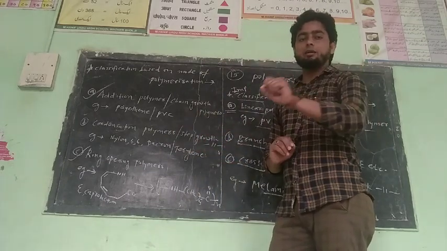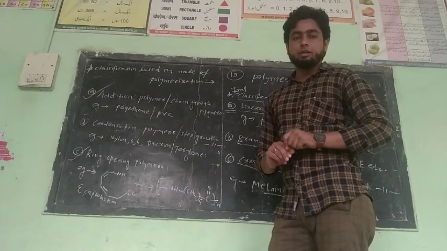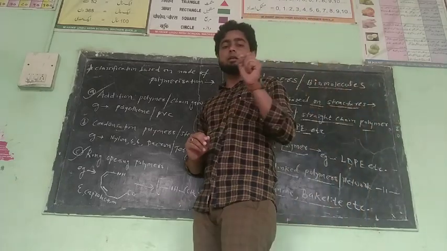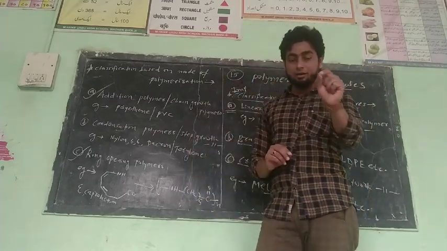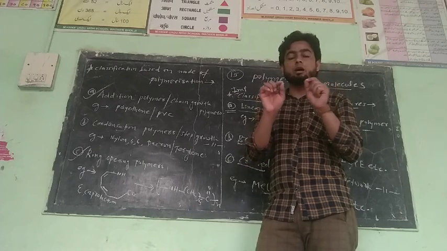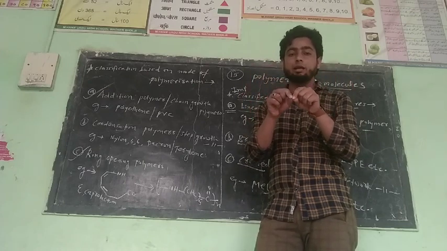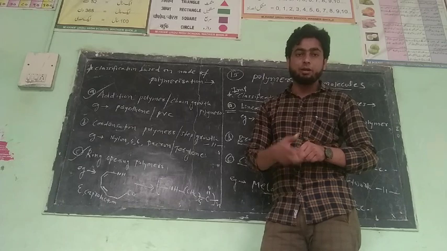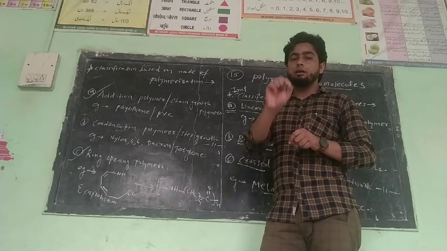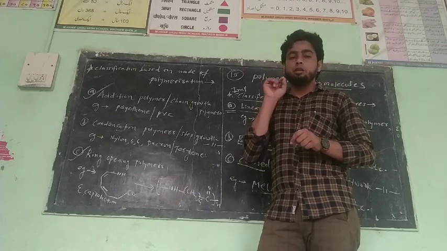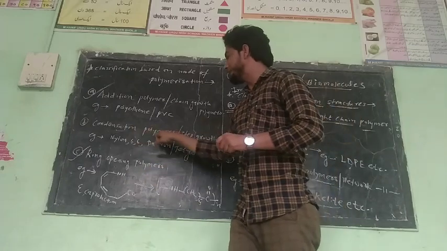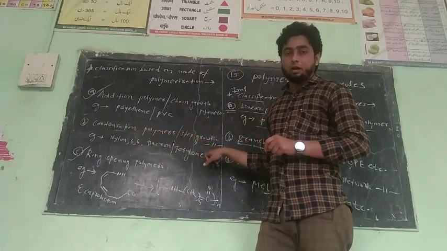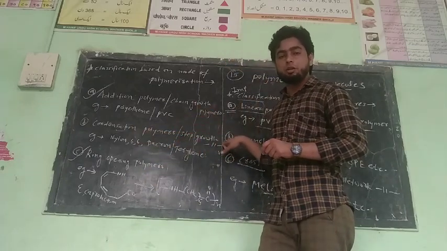So define the condensation polymer. It is defined as different monomers joined together that lose a small molecule like water or alcohol. This polymer is called condensation polymer. Clear? Why is this called step growth polymer?